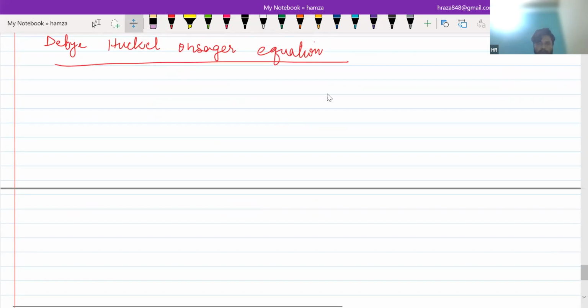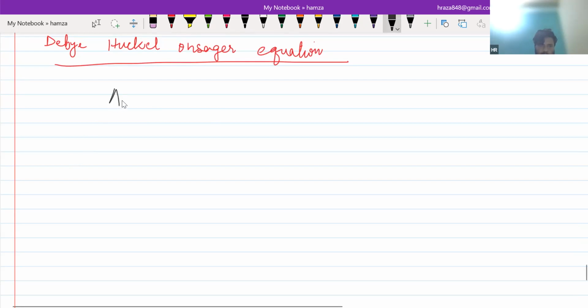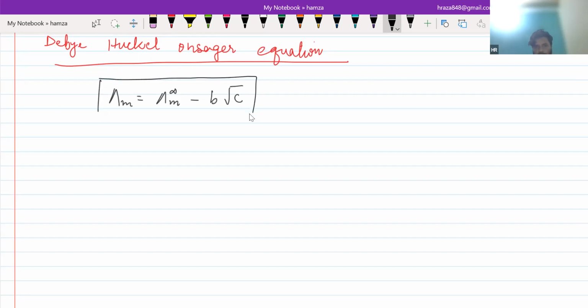So the Debye-Huckel-Onsager equation is basically lambda m equals lambda m naught minus b root c. Now I'm going to write each and every part of this.